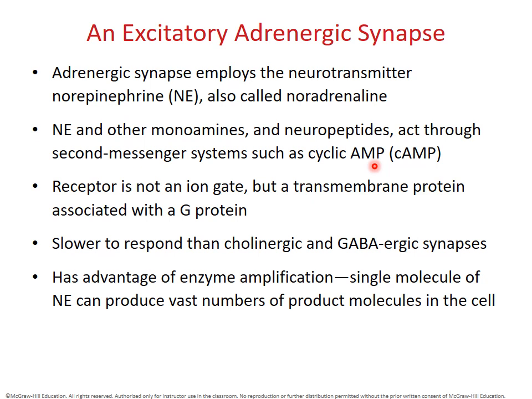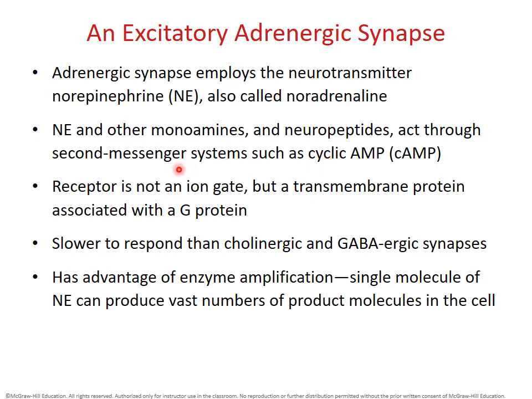So we go from ATP, triphosphate, first to ADP, diphosphate, and then we remove another phosphate and we get AMP, adenosine monophosphate. The cyclic refers to the fact that the single phosphate group arcs around and part of it binds back to the main portion of the adenosine molecule, forming a cyclic or a cycle type structure. At any rate, that is a second messenger for this particular synapse.